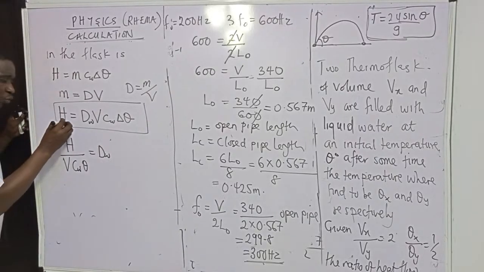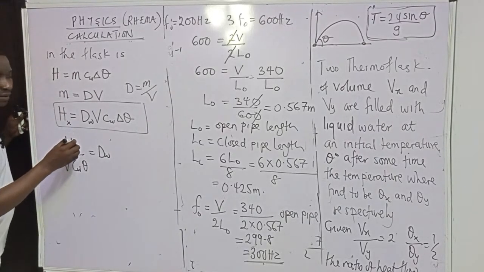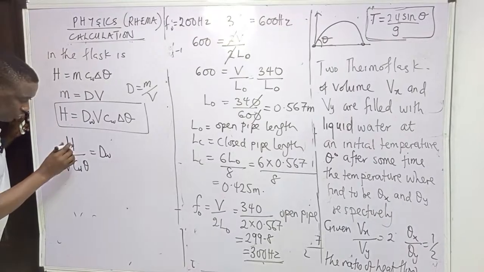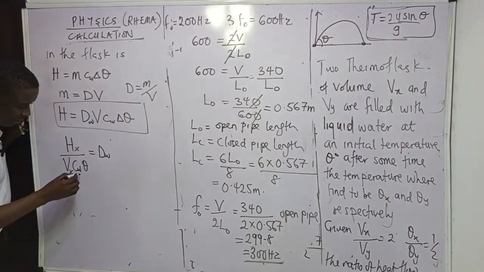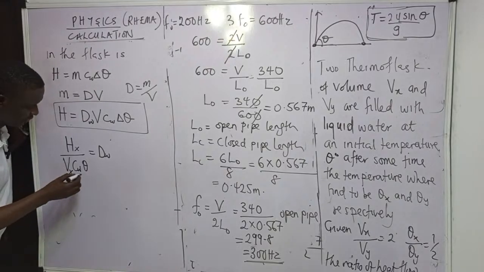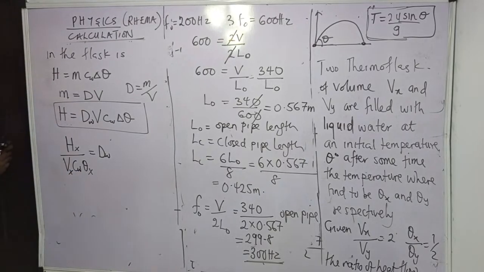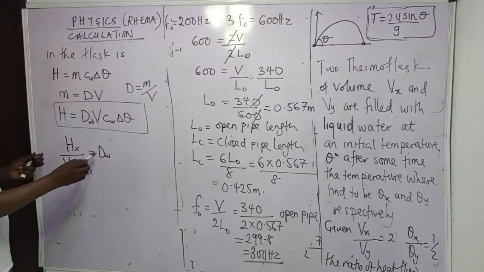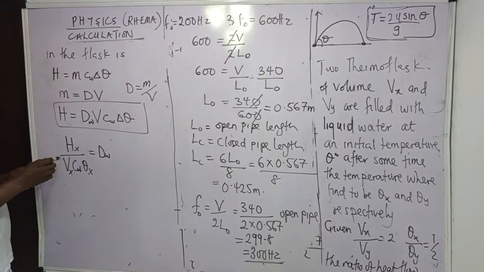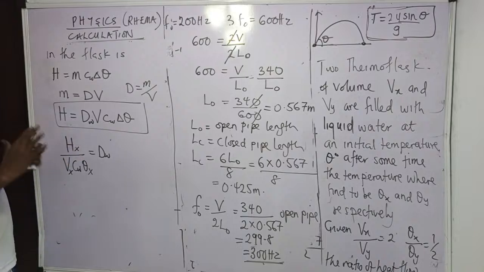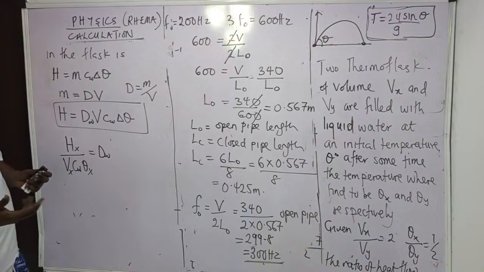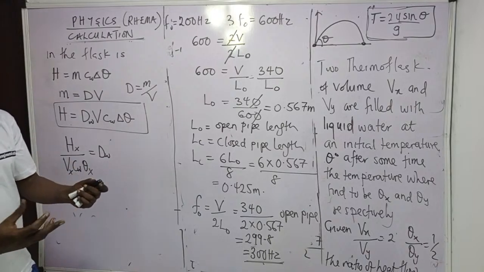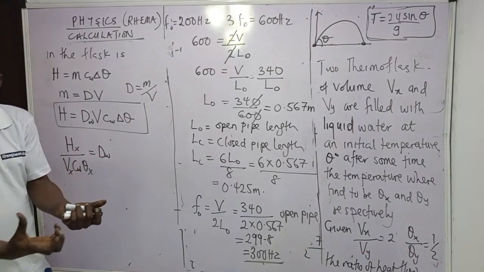But the ratio of their heat flow, we don't know it. So let's call this one S. The density of water is constant, but their heat flow will be different because they are operating at different volumes. Even if you supply the same heat to them, the heat flow will be different because they have different volumes of water.